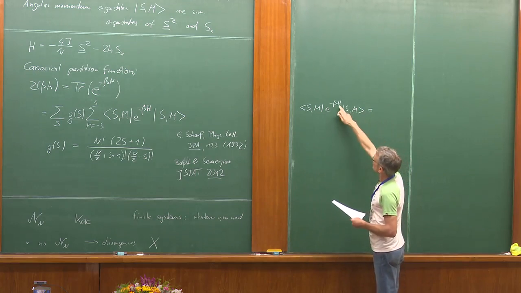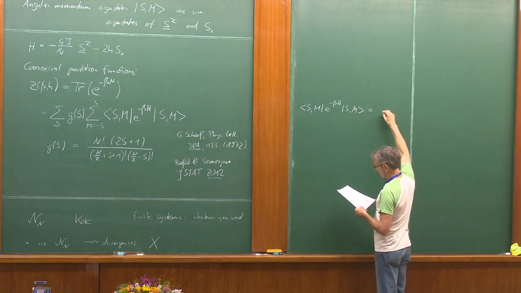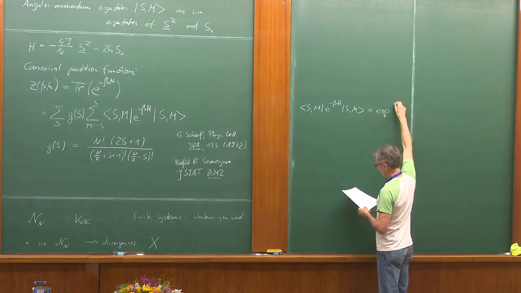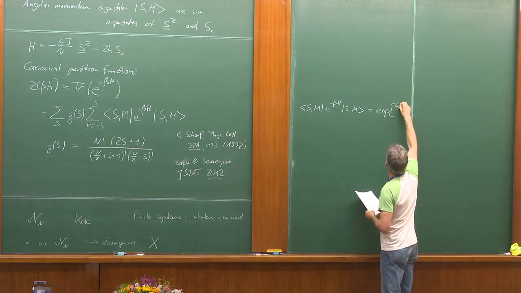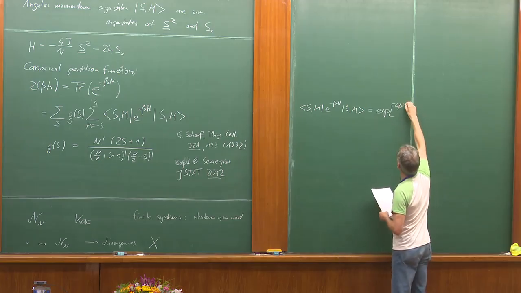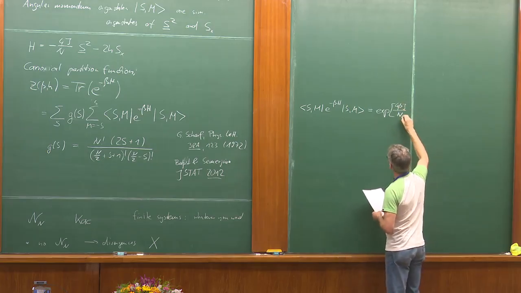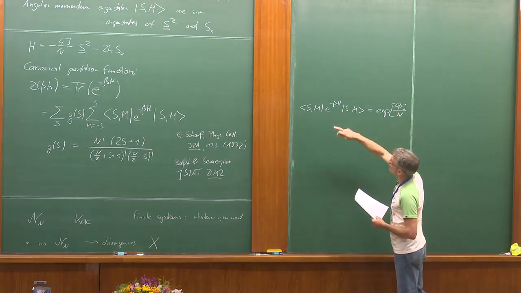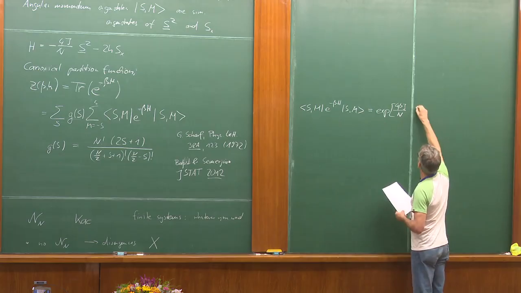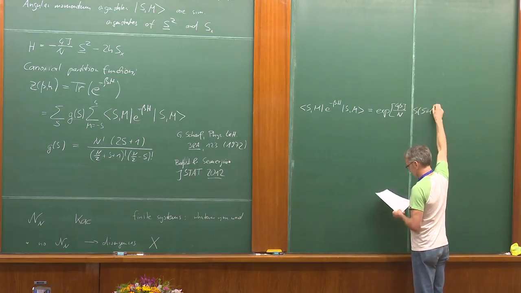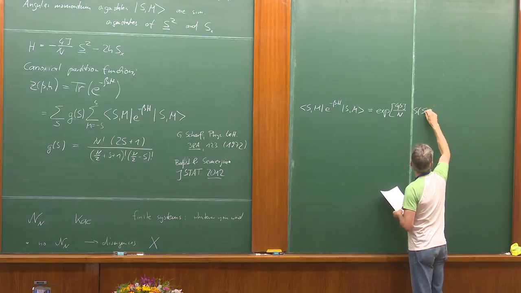We can, of course, evaluate the Hamiltonian accordingly, and we straight away get an exponential here. So the prefactor 4 beta J divided by N, and then the eigenvalue of the S square operator in the Hamiltonian gives us the usual S times S plus 1.